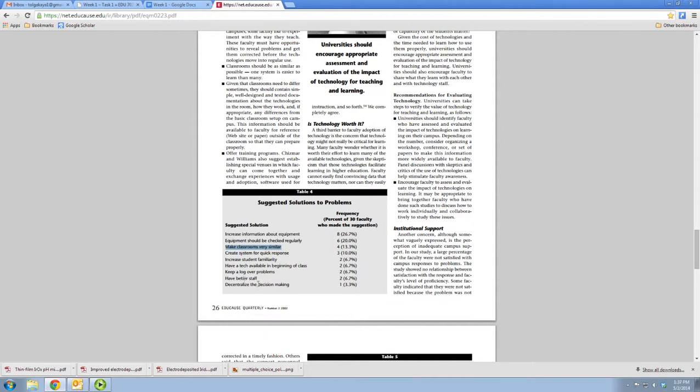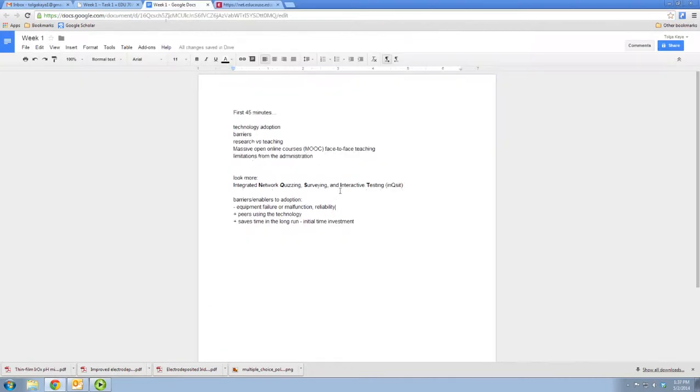Keep a log of problems, a better staff. Decentralize the decision making. Okay, some of them are not reasonable or applicable, but maybe increase information about equipment. This is training, so you can say, I guess, yeah, this is somewhat like a negative part. There's like a training requirement.